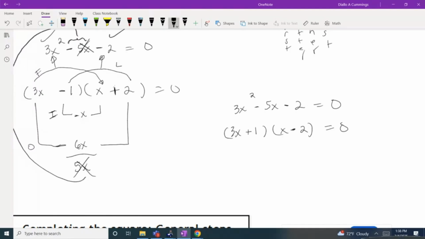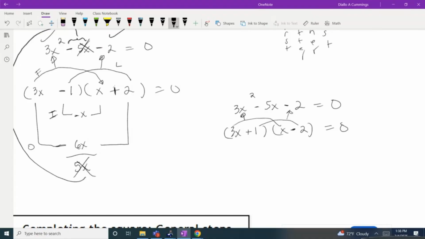So I want you to see how this works. If I multiply my first terms, 3x times x, that still gives me 3x squared. If I multiply my last terms, 1 times -2, that still gives us -2.